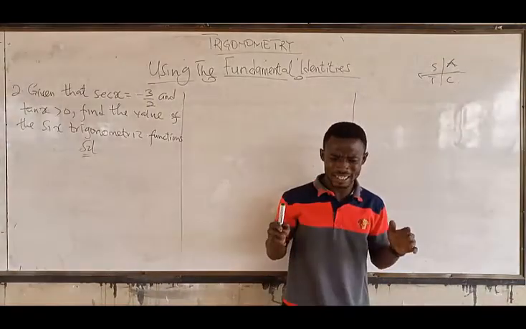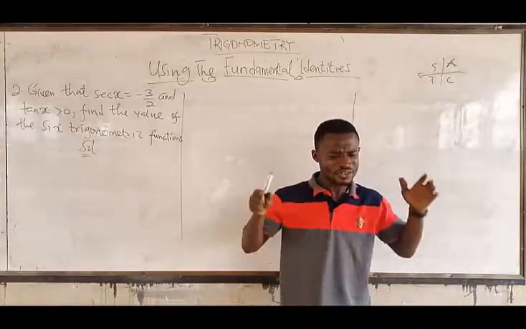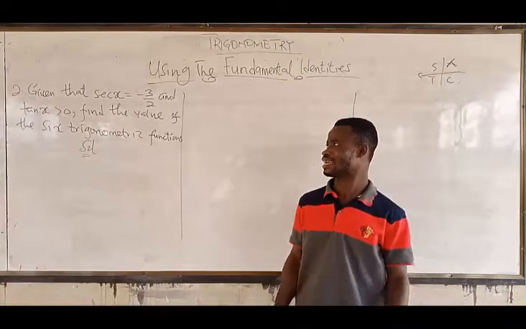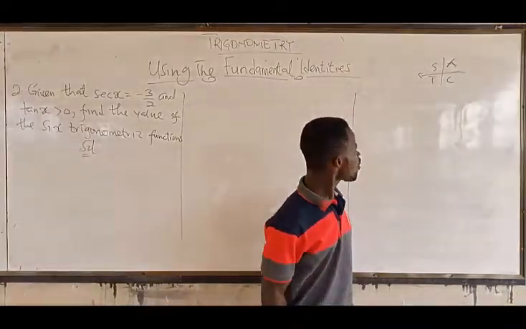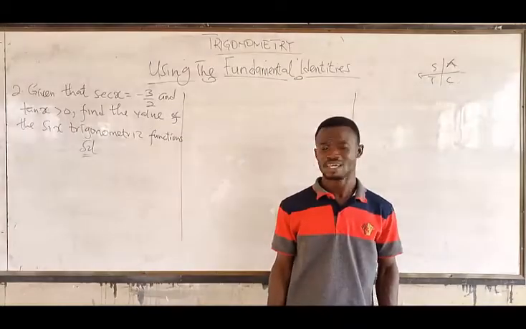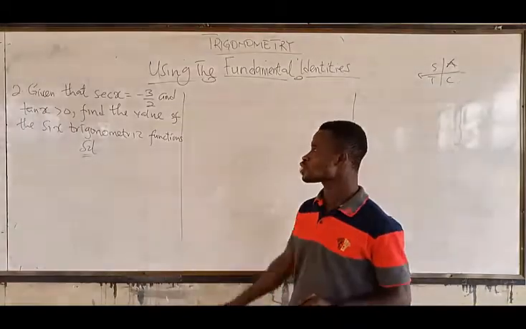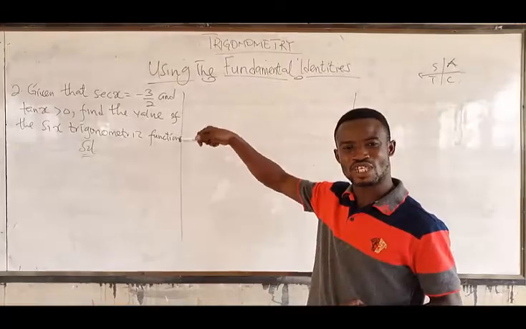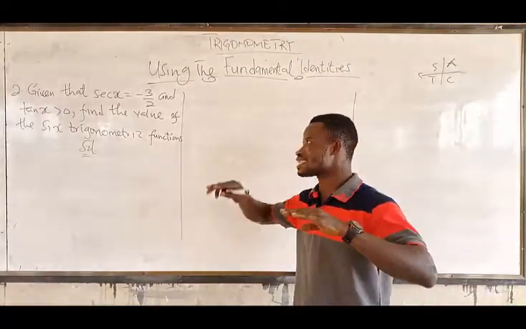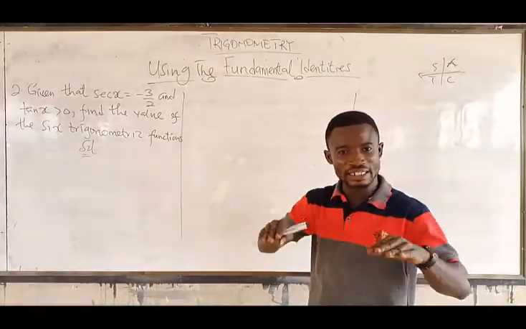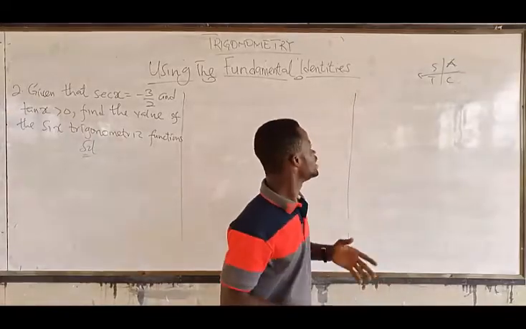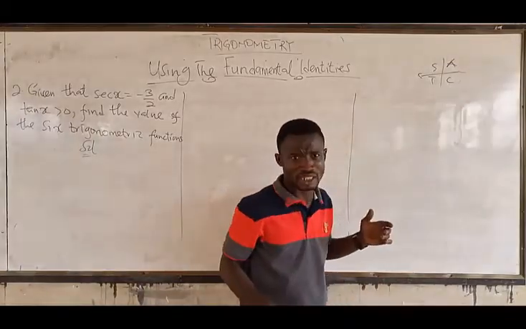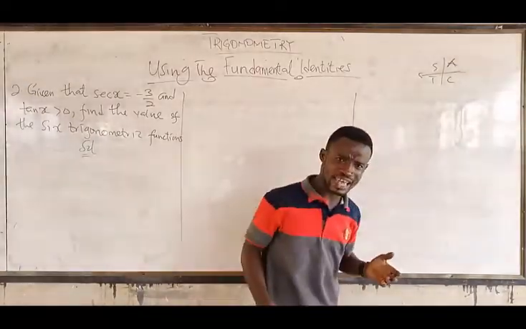So what is the quadrant here? Is it the first quadrant or the third quadrant? Now bear in mind, you cannot use tan x is greater than 0 only to justify that it will be in the first quadrant, not even the third quadrant.